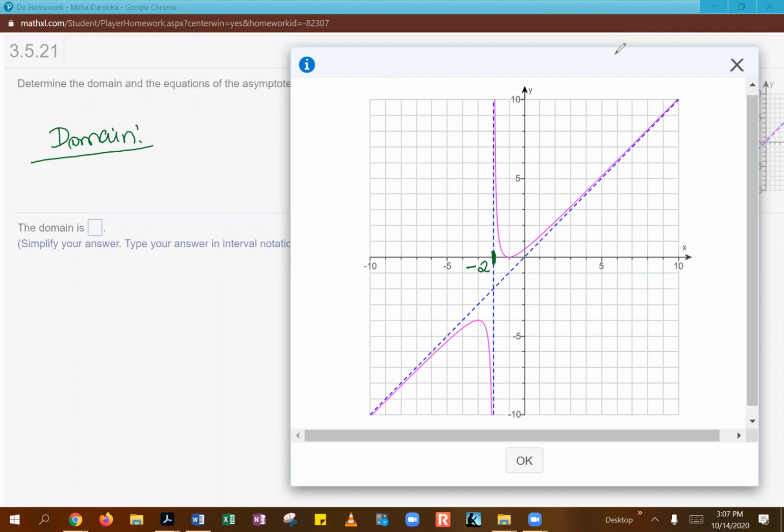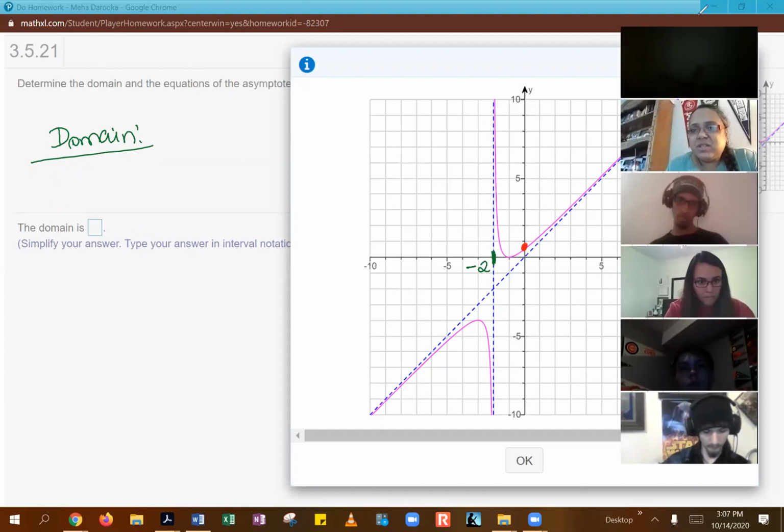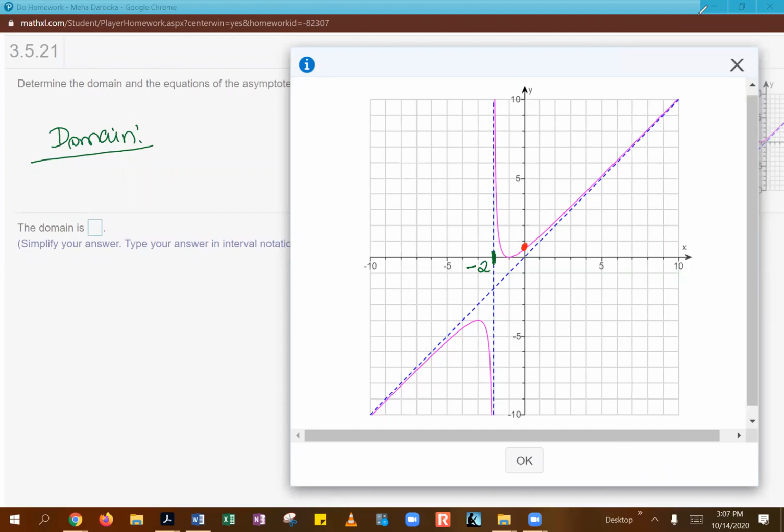So if you take a look at this point here, you will see we are using x equals 0 at that point, right? So you still have a graph at x equals 0. It's only here at negative 2 that there's no portion of our graph which is going to be close to that -2.